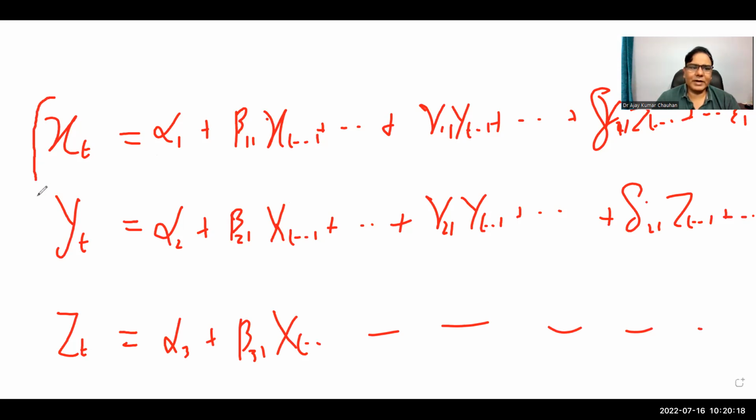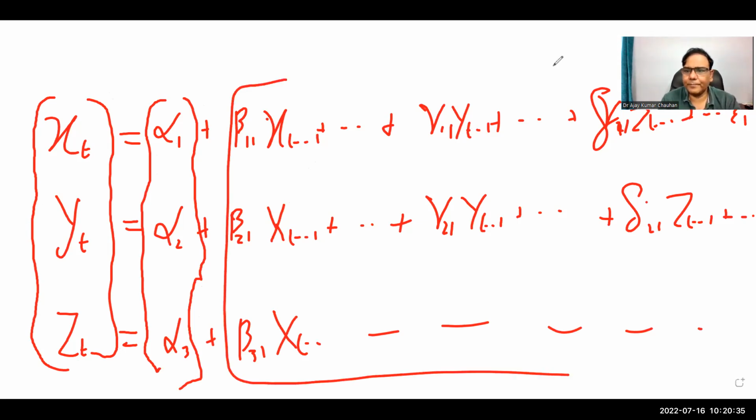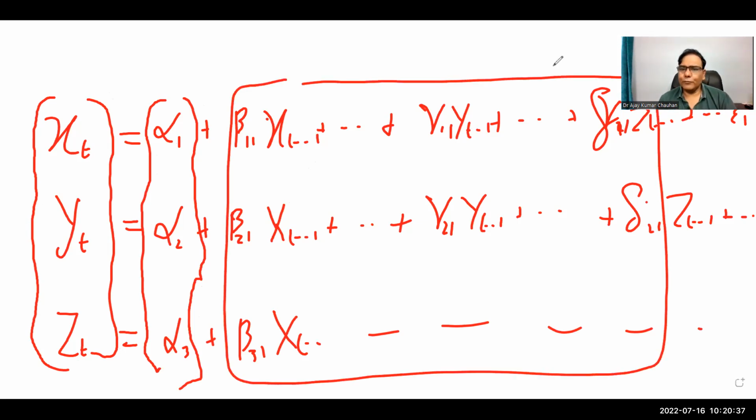On the right hand side, we will take this. Then we will take the constant. And this portion, we have to represent as the product of the two matrices. And finally, we have to take the error terms.